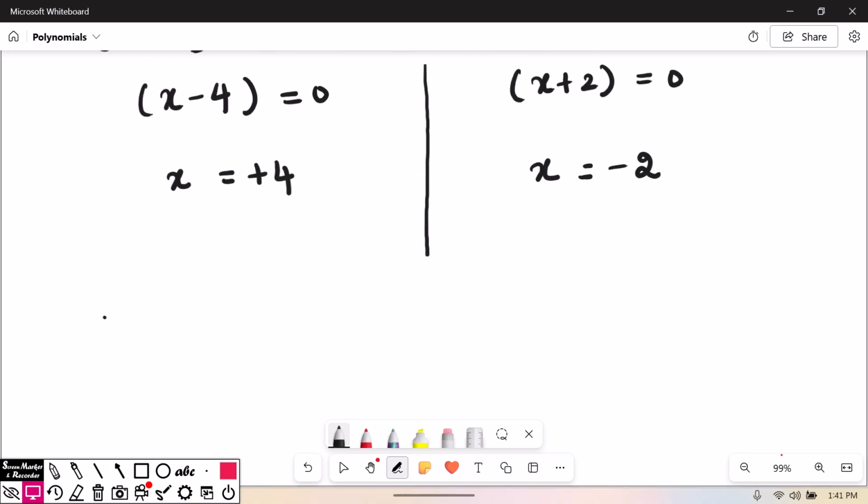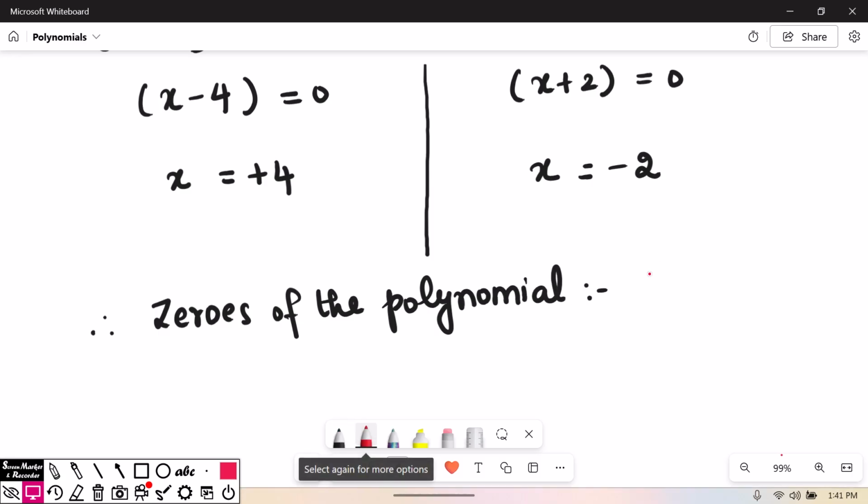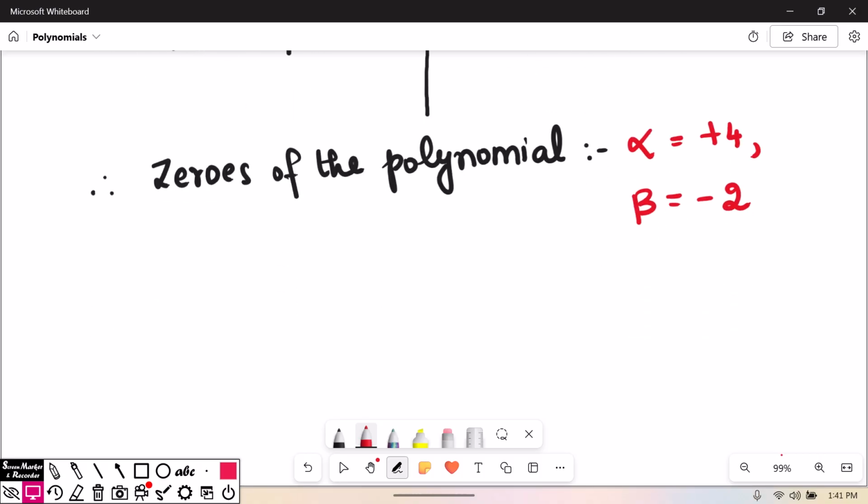So the zeros of the polynomial, which are my alpha and beta, are: alpha is plus 4 and beta is minus 2. So these are the zeros of the polynomial.